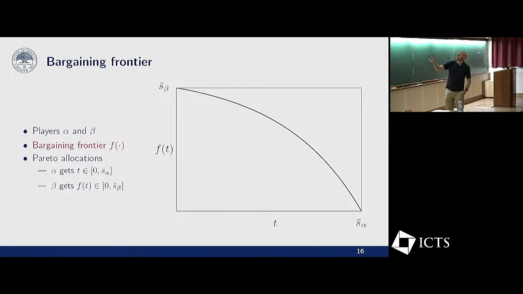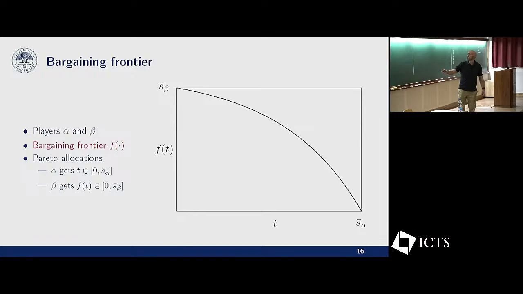Everything inside here is inefficient, because obviously they'd rather agree on this, on the frontier, than this. So it's like a space of utility. And this frontier is given by a function, f.